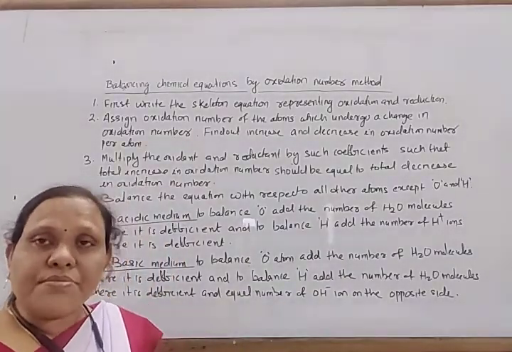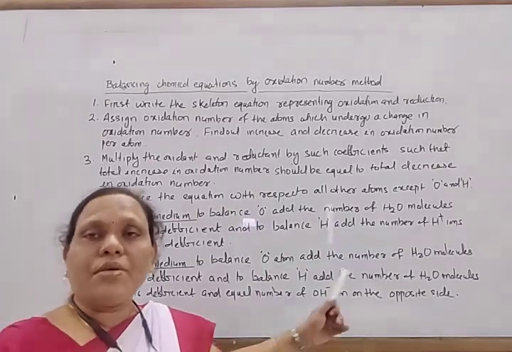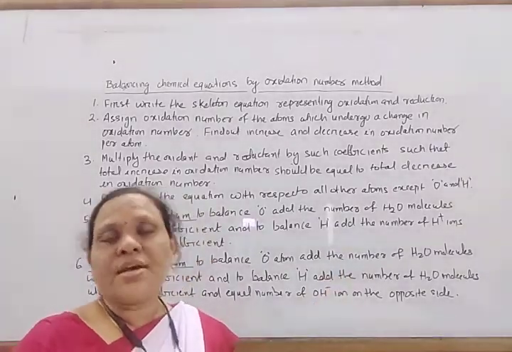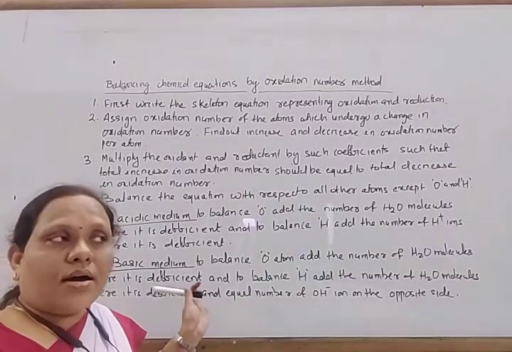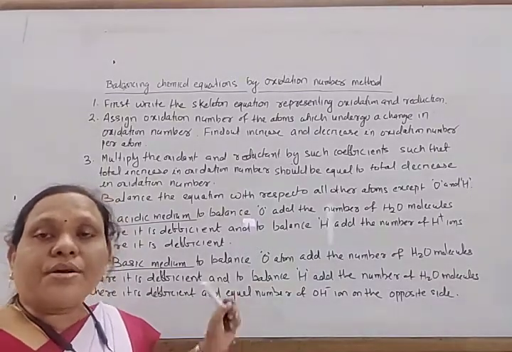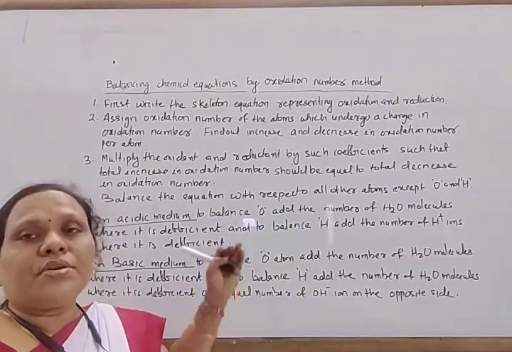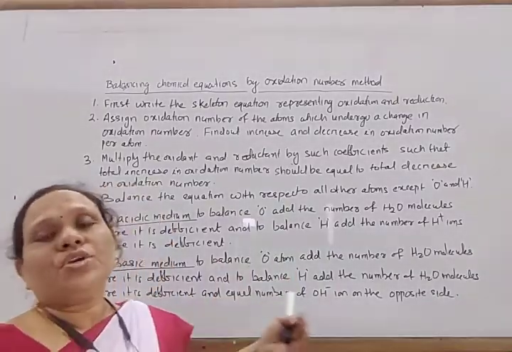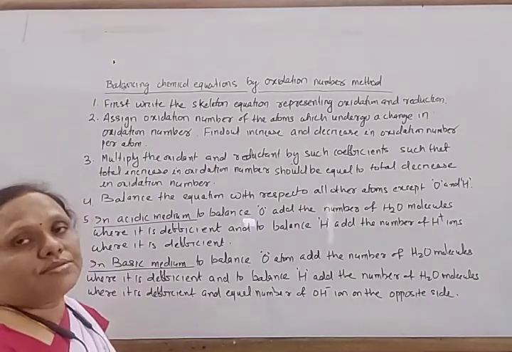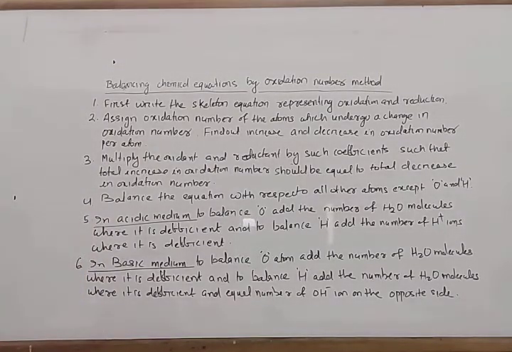Similarly, in basic medium, to balance oxygen, you have to add the number of water molecules, and to balance hydrogen, add the number of water molecules where it is deficient, and at the same time add the number of OH minus ions on the opposite side. In this way, this equation can be balanced.